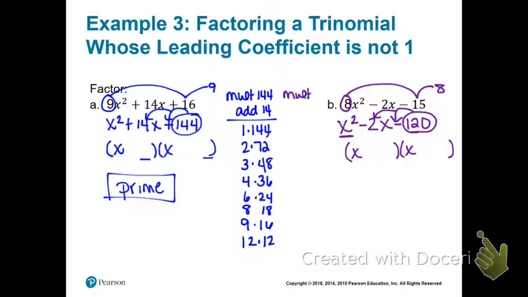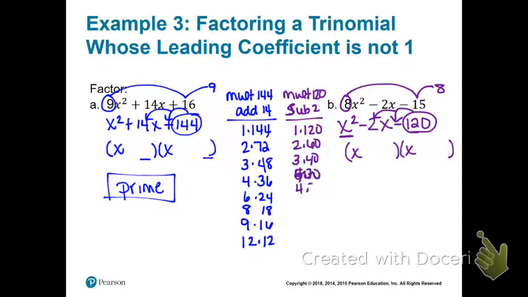So multiply to 120, subtract to 2. So 1 times 120, 2 times 60, 3 times 40, 4 times 30. Oops, that's supposed to be a 4, sorry.